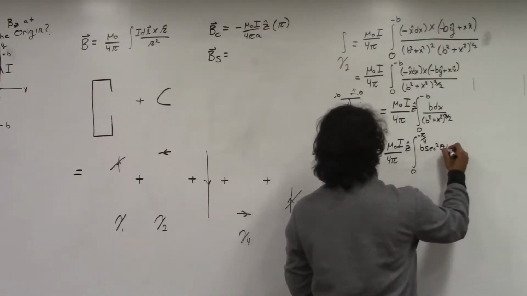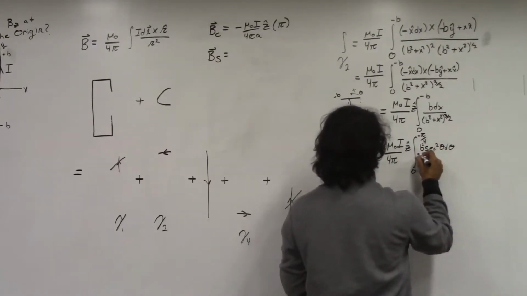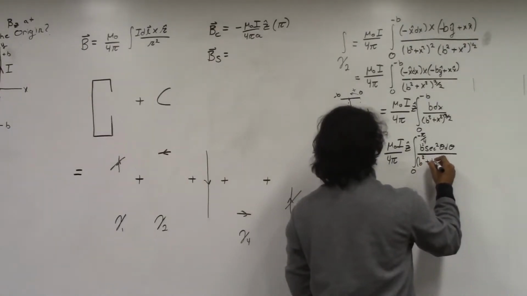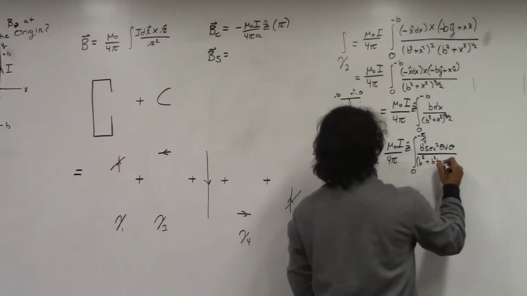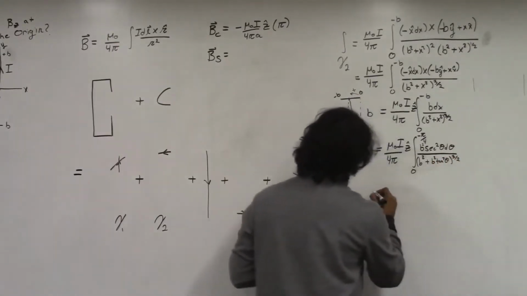Using my trig substitution: secant squared theta d theta, and this will actually go to b squared divided by b squared plus b squared tangent squared theta to the 3/2.